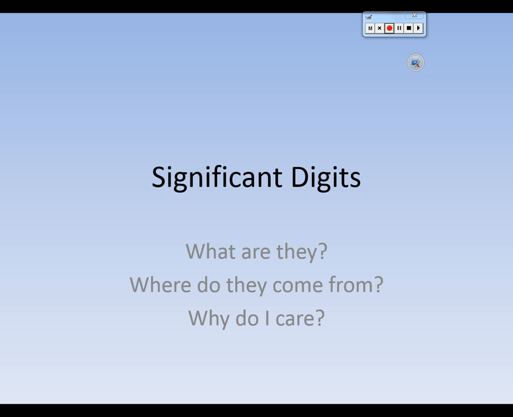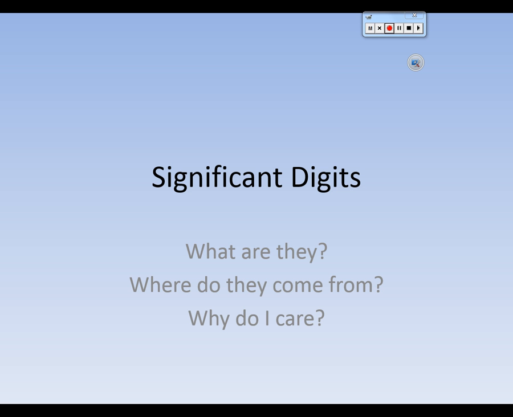All right. So last week, we started on measurement, and we talked about how every measurement has two parts: certain and uncertain. Kelly, where did the certain digits come from? On the line on a ruler, the measurement tool that we're using.